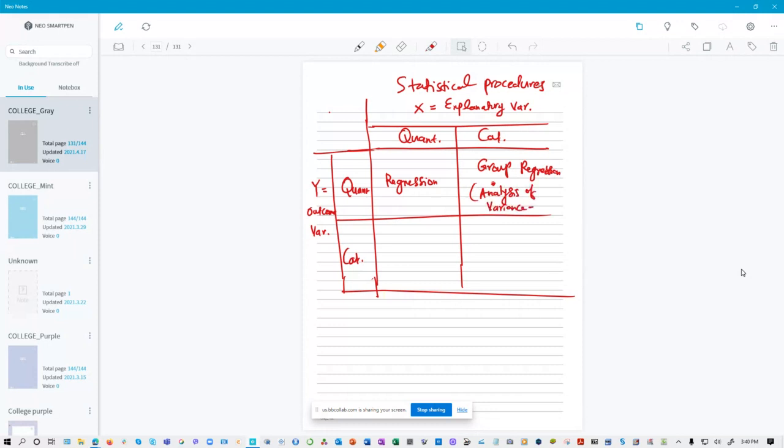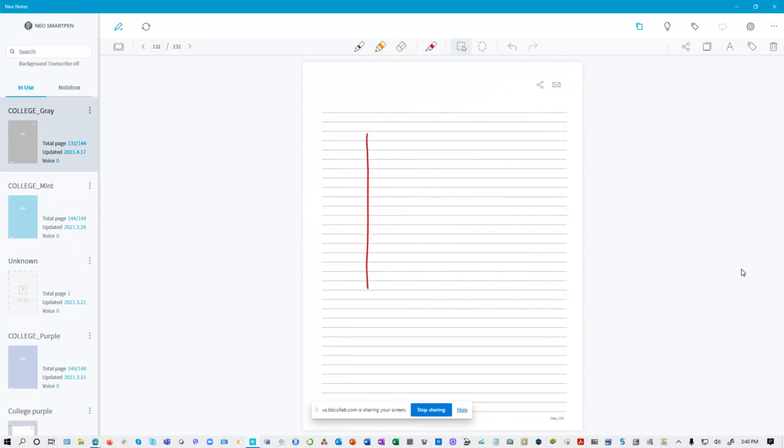We don't do that one in this class, but that's the procedure. If you have a categorical y and a quantitative x, we do something called logistic regression. If both are categorical, we do something called the chi-square test. Those are statistical procedures.